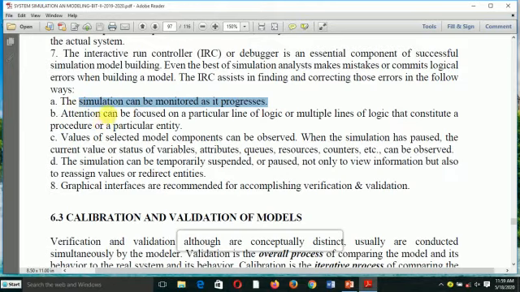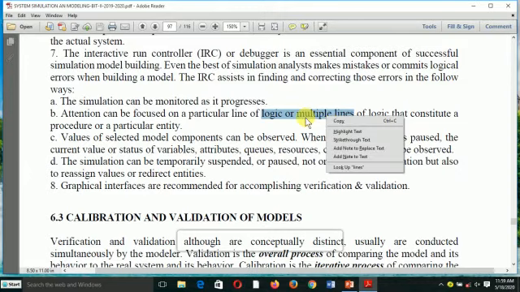Attention can be focused at a particular line of logic or multiple lines. The debugger can show you the line or lines which have errors, and then it will highlight them. If it highlights them, it will help you to make a correction.